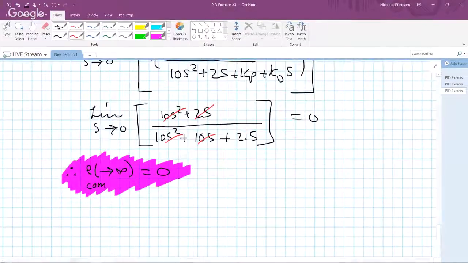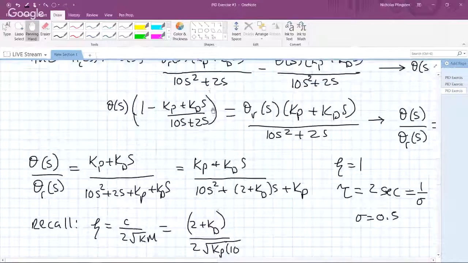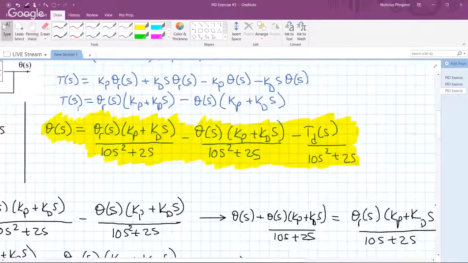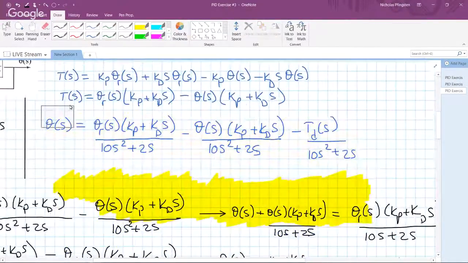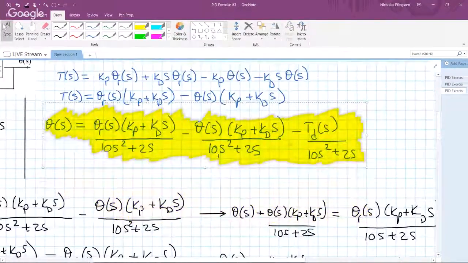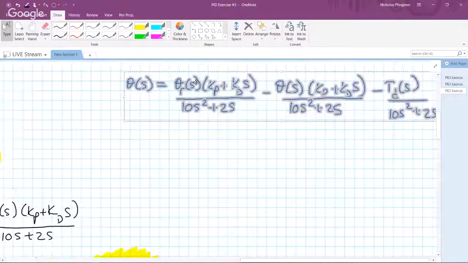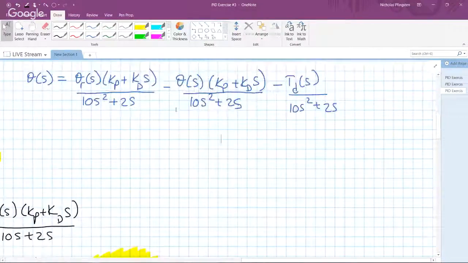And now for the other one, the next part. So I'll move this whole thing. Move this out of the way. So for this case, for part C, we're considering the disturbance.